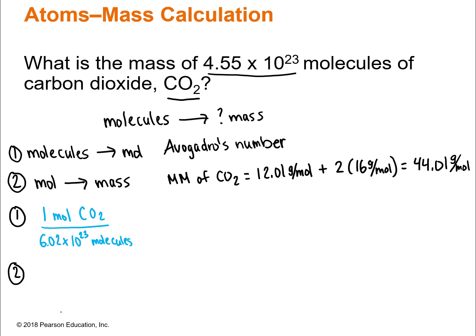To convert from moles to mass, we're going to use the molar mass. We're going to keep the grams on top and have moles on the bottom so that it cancels.